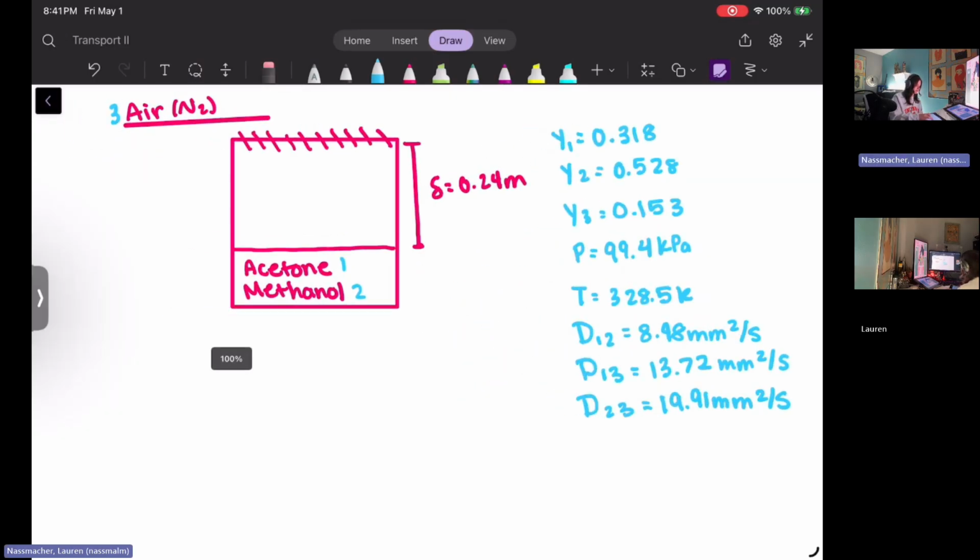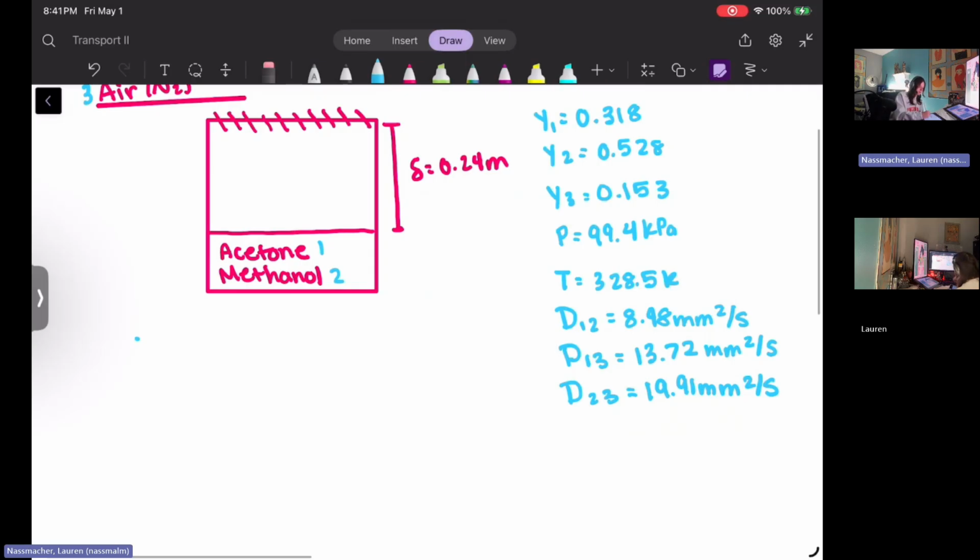From here, we can use our Stefan-Maxwell equation to determine the rate of evaporation, or the first step at least in determining the rate of evaporation. So we have our Stefan-Maxwell equation. And this tells us that our driving force of i is equal to the change in our mole fraction of i divided by the change in distance z.